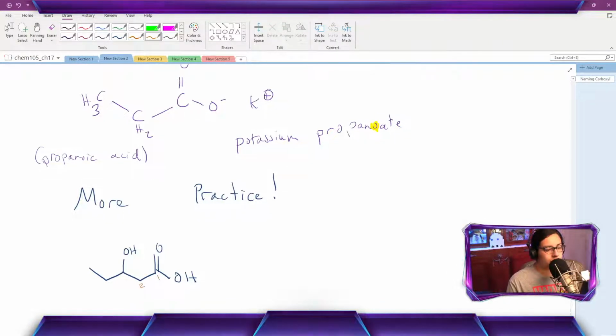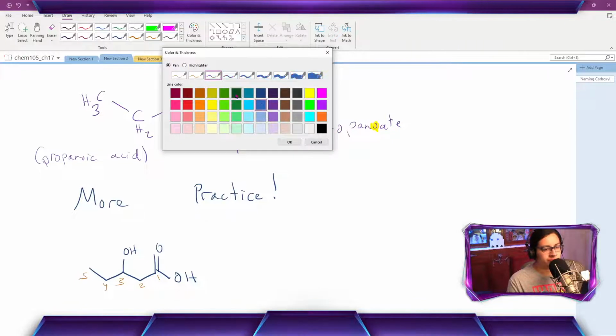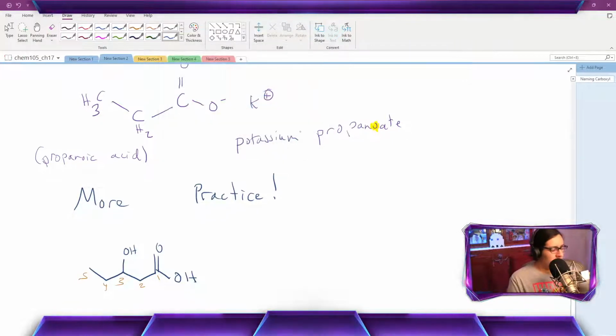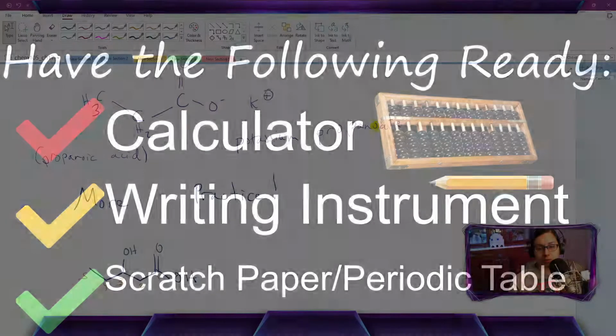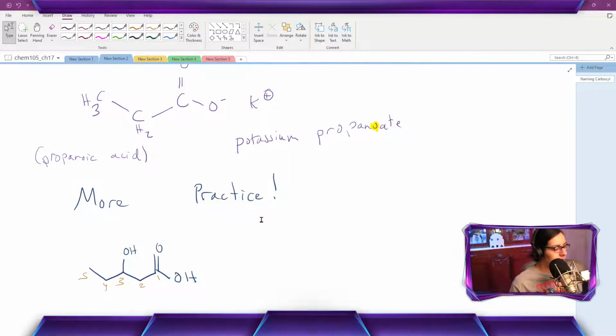So 1, 2, 3, 4, 5 for our length there. And so our hydroxy group is in the 3 position there.